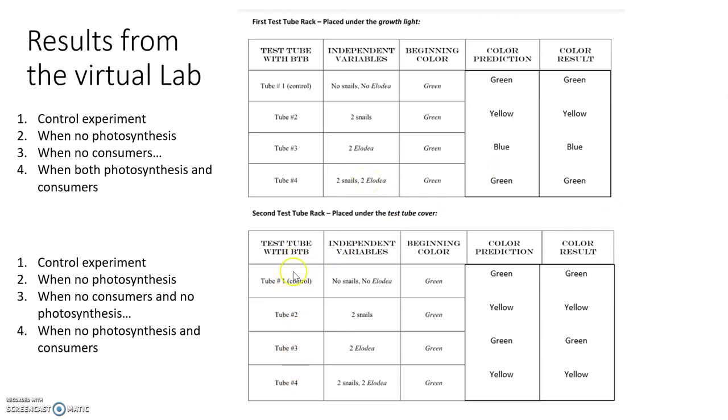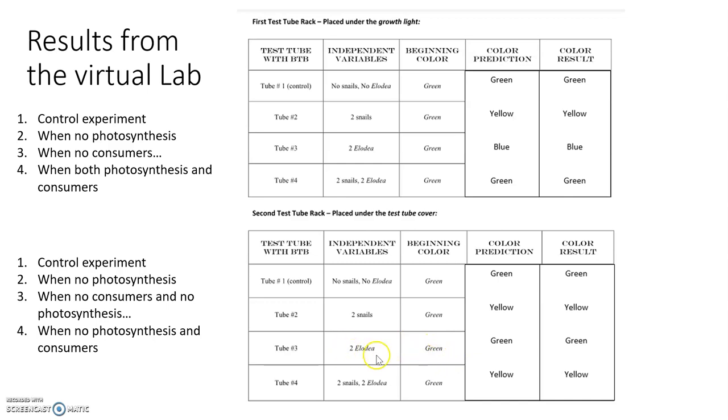And then down here in dark conditions, again, we have a control experiment. That's the first one. Then in the second test tube, we have the same thing going on as up here, right? The two snails would respire, use and produce carbon dioxide in that process, which would lower the pH and turn the solution yellow. And down here in test tube 3, since it's now dark, there is no photosynthesis taking place.